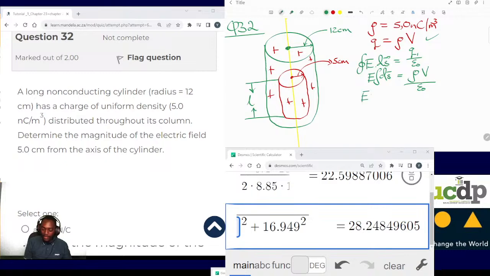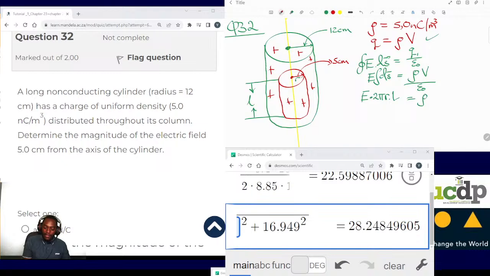So this becomes E dot our surface area, which is the circumference, 2 pi r, where r is the radius, times the length L, equals our charge density rho times our volume.